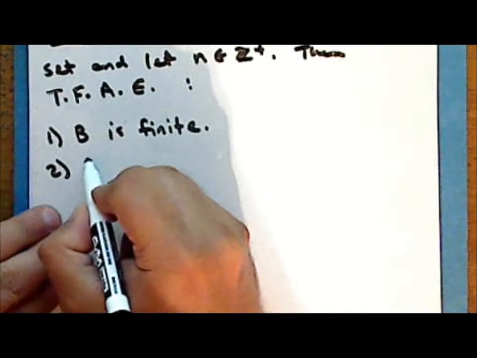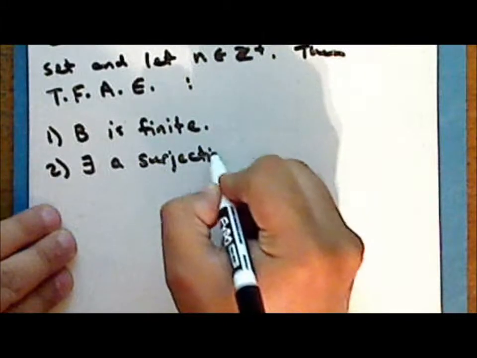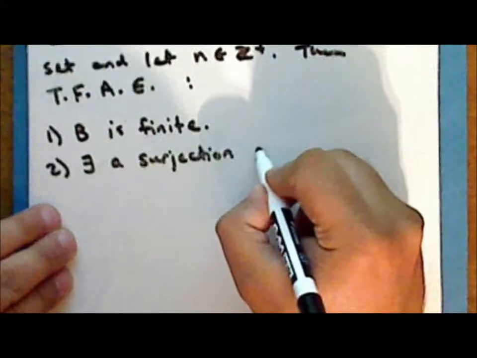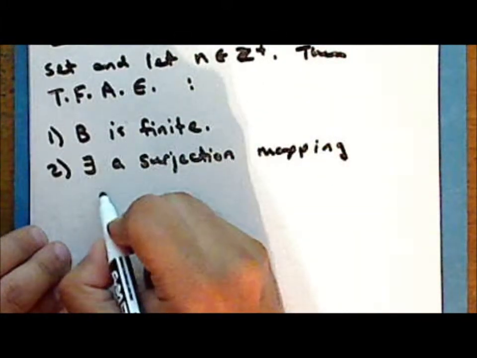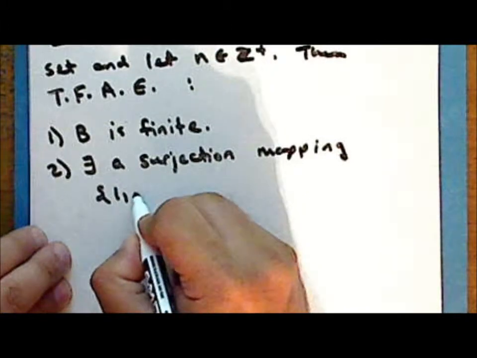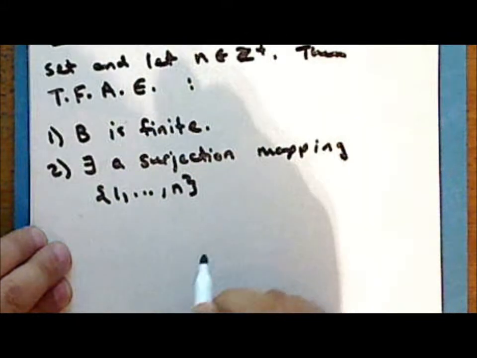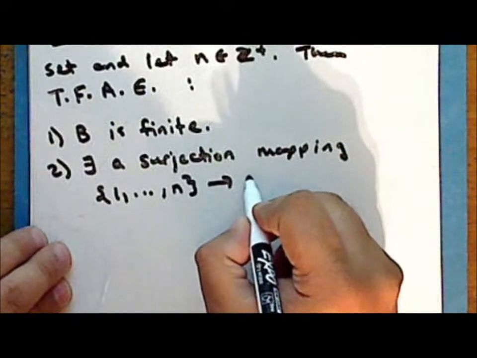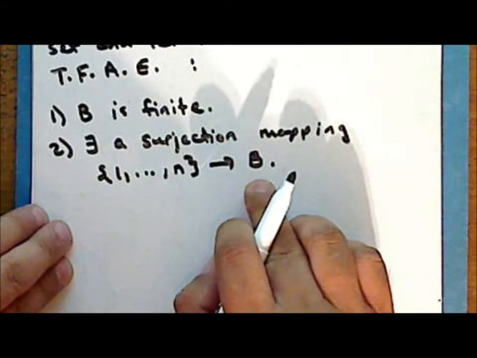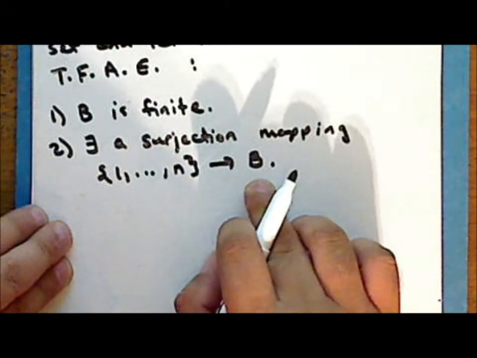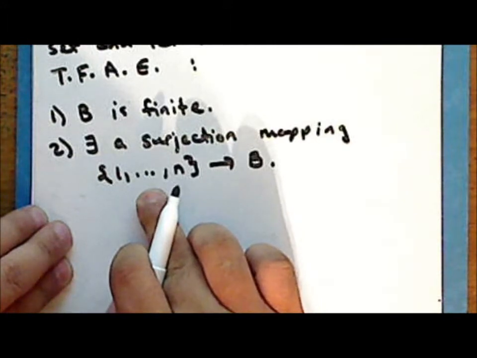This is equivalent to the condition that there exists a surjection mapping a finite subset of consecutive positive integers onto the set B. That is, every element in the set B is mapped onto by at least one of the elements in a finite subset of consecutive positive integers.